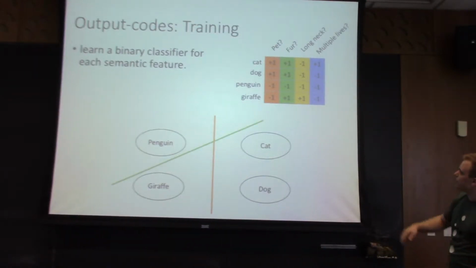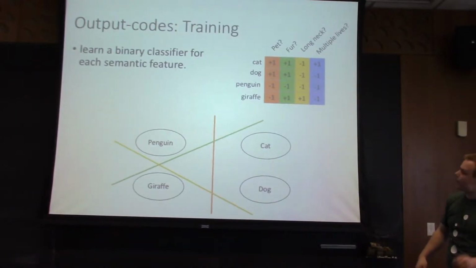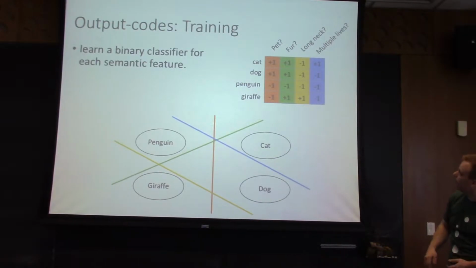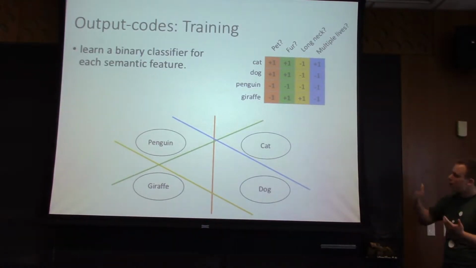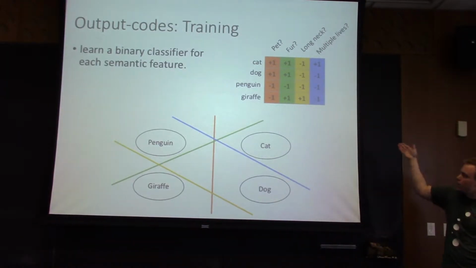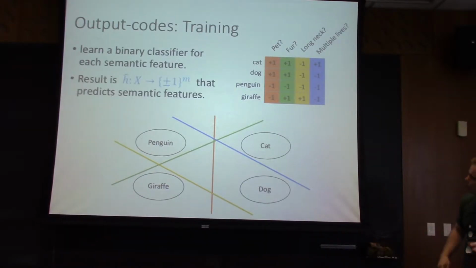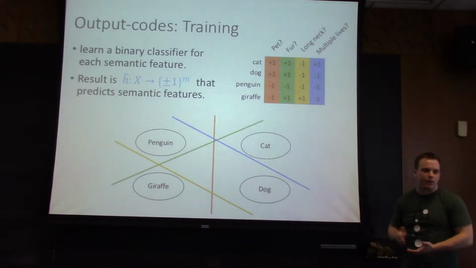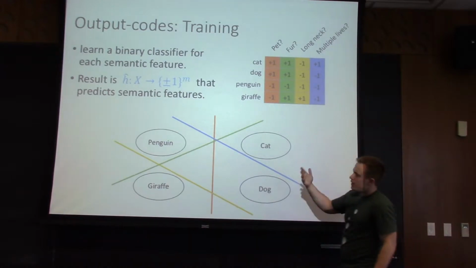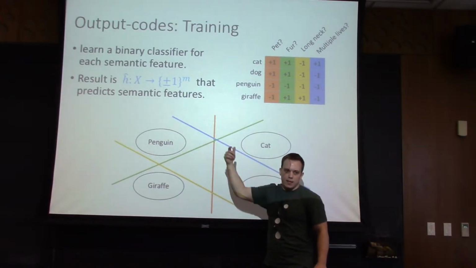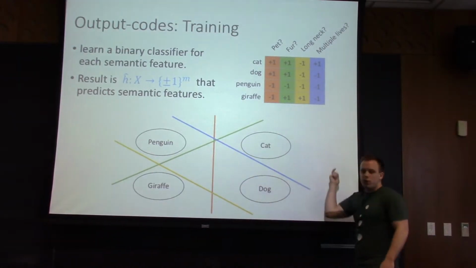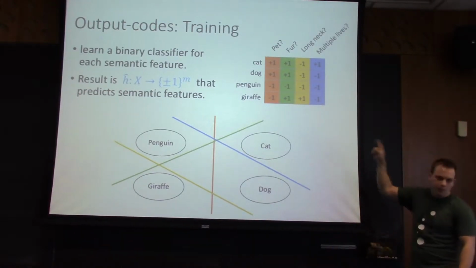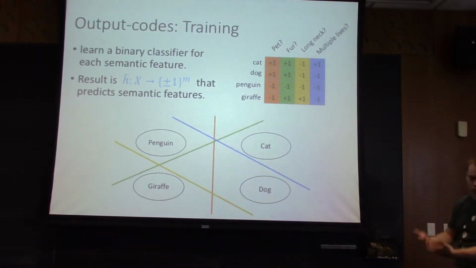And then this one distinguishes fur from not fur, long-necked from short-necked, and based on the number of lives. So you learn one different binary classifier for each of the questions that you designed. And the result of this is you're going to get m different binary classifiers, right? You can imagine that as being some function, h, which takes in an input instance and maps it to a predicted value for each of these semantic features. That's the result of doing this one versus all training.